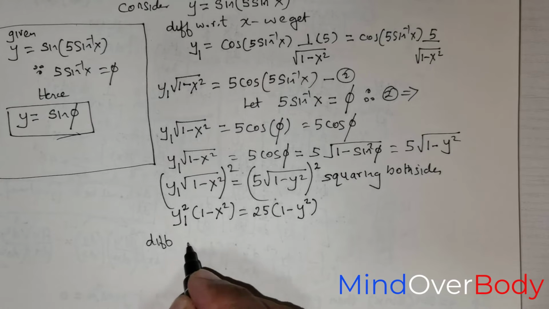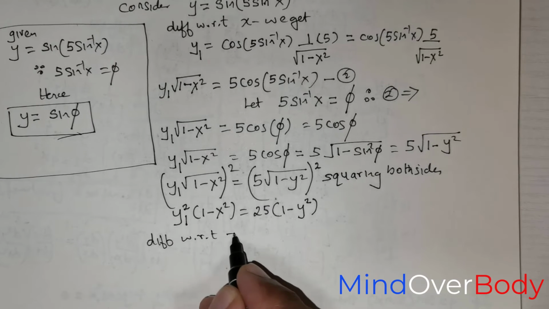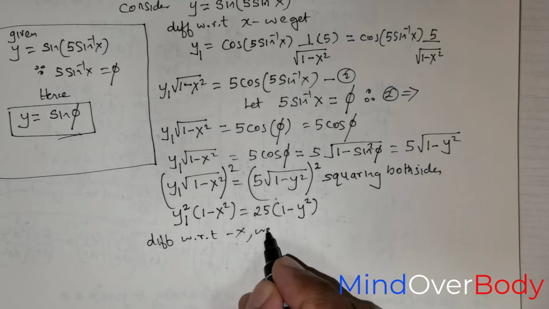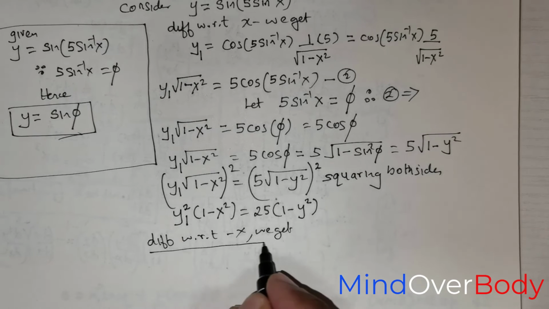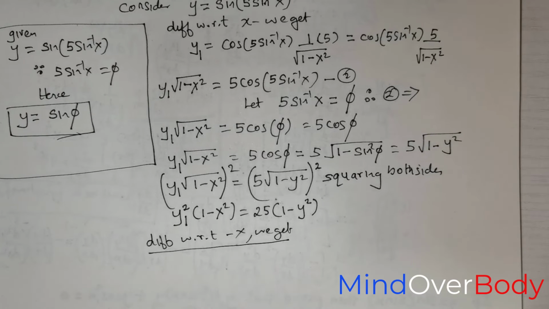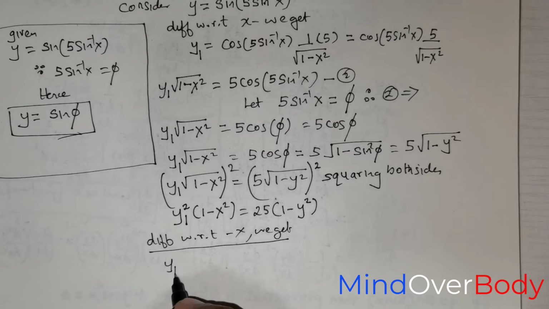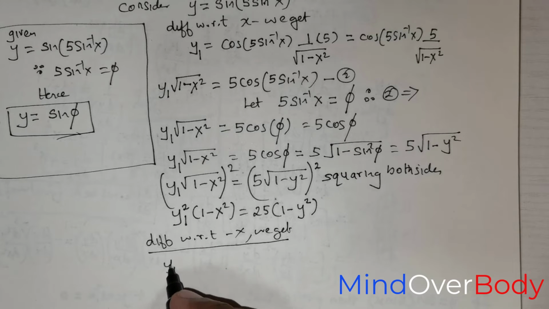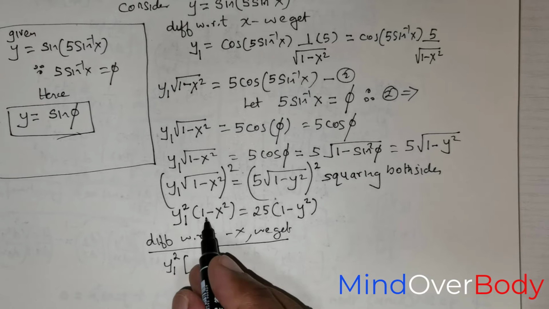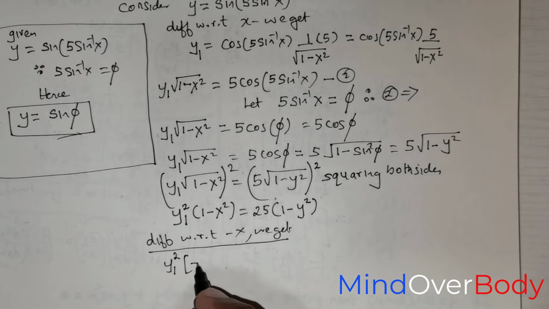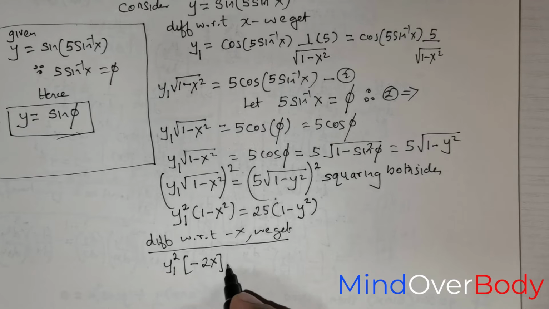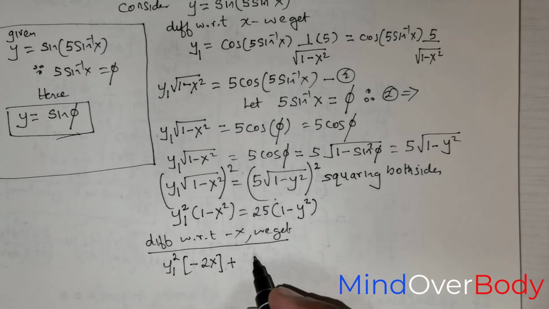So differentiating with respect to x, we get, so this is uv, so I will start by placing the u, so that's going to be y suffix 1 squared times differentiation of 1 minus x squared, that's going to be negative 2 times x, followed by differentiation of this quantity.